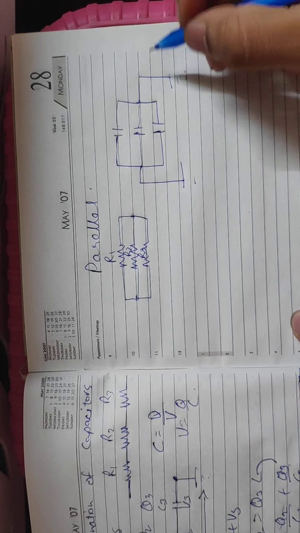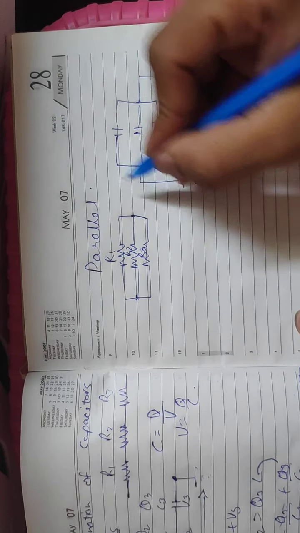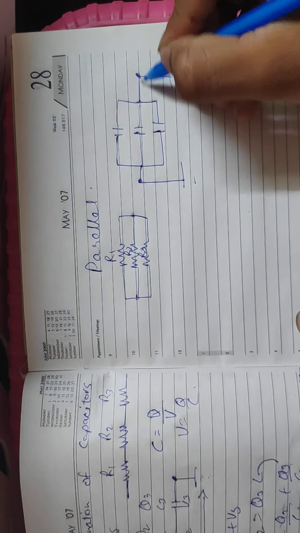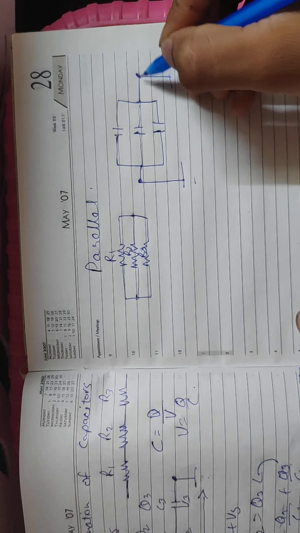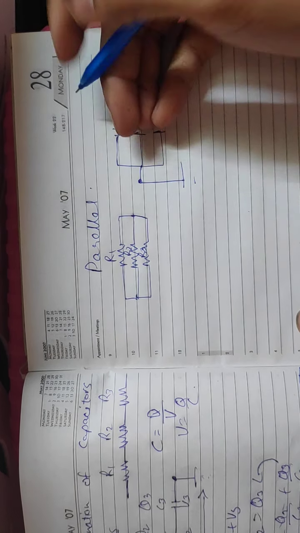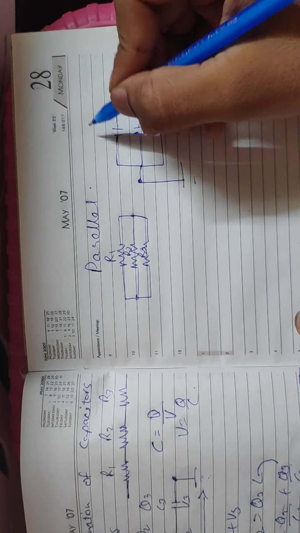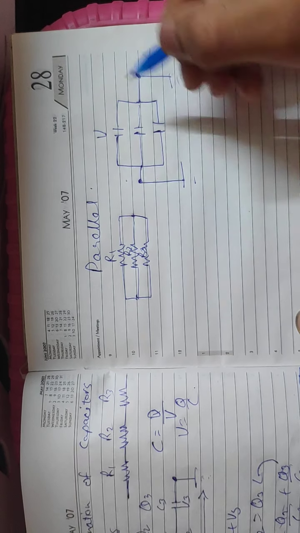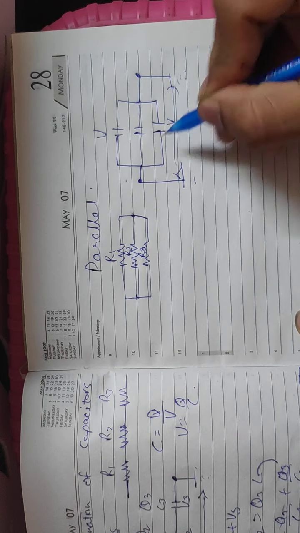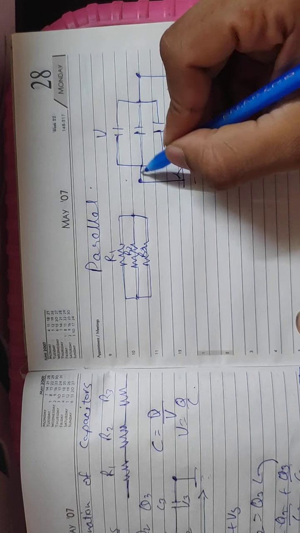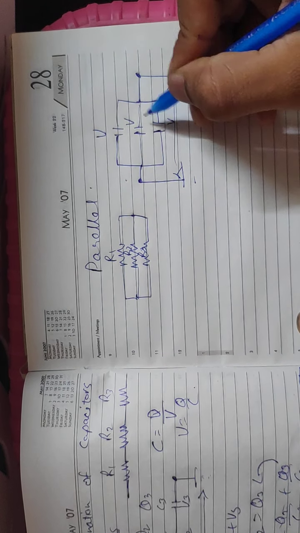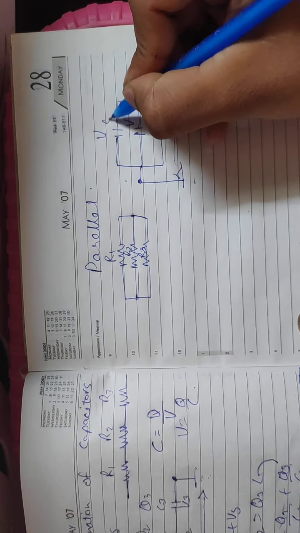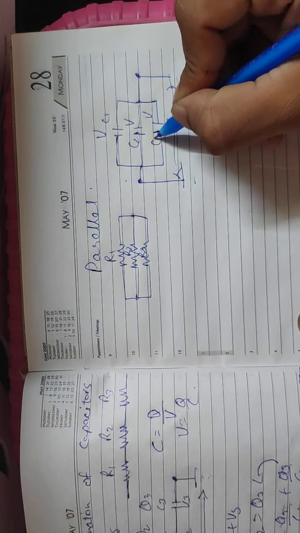Now the voltage passing between these two terminals, the same voltage will pass from here, the same voltage will pass from here, and the same voltage will pass from here. So the voltage will remain constant, that is, the potential difference will remain constant. If the potential difference between these two is V, then the potential passing through this will be V, through this also V, and through this third also V. We'll name them C1, C2, and C3.